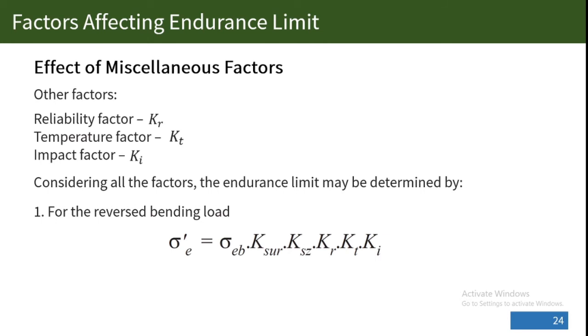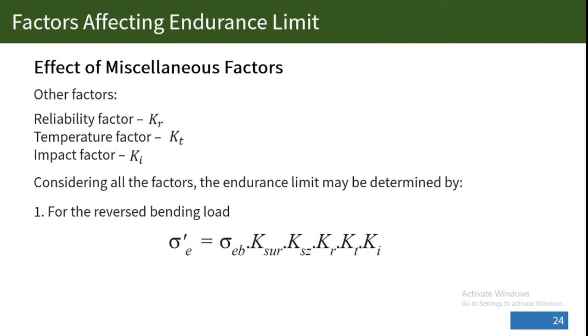For the reverse bending load, the endurance limit, or sigma E prime, is equal to sigma sub EB times K sub SUR times K sub SZ times K sub R, K sub T, and K sub I. Please take note, or simply observe, that when considering these three factors, the reliability, temperature, and impact factors, you simply multiply these three factors into the previous expressions that we have just derived in the previous slides.